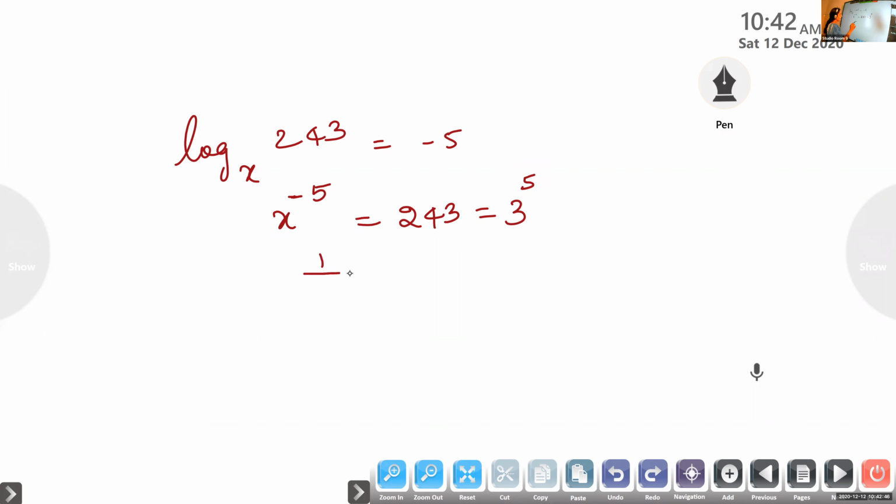So 1 by x raised to 5 is 3 raised to 5. So when you equate it, 1 by x is 3. Therefore, x is 1 by 3.